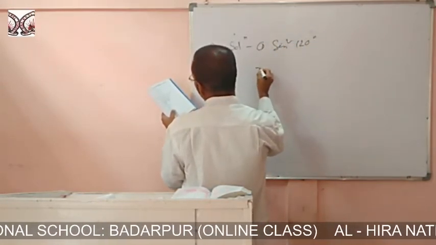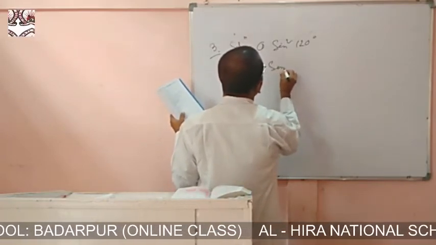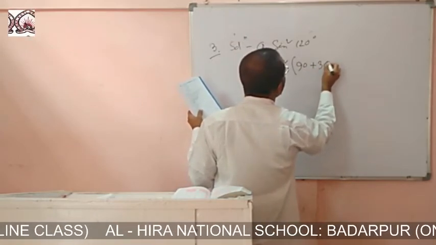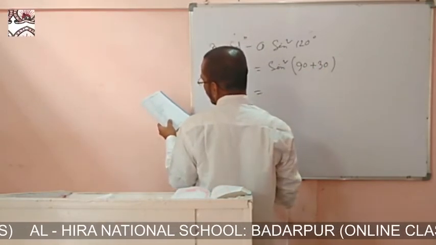So sin square 120 degree, if we break, then we can write 120 means 90 plus 30. So 90 plus 30 is what?